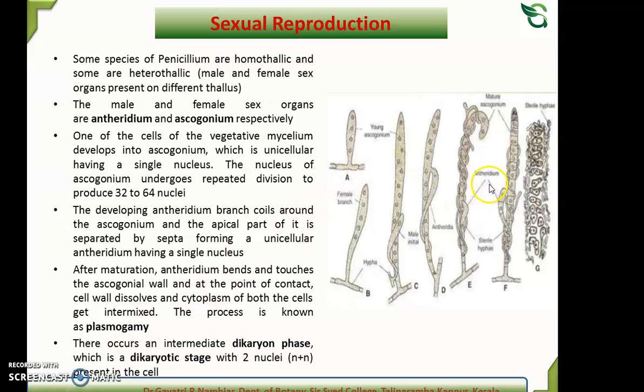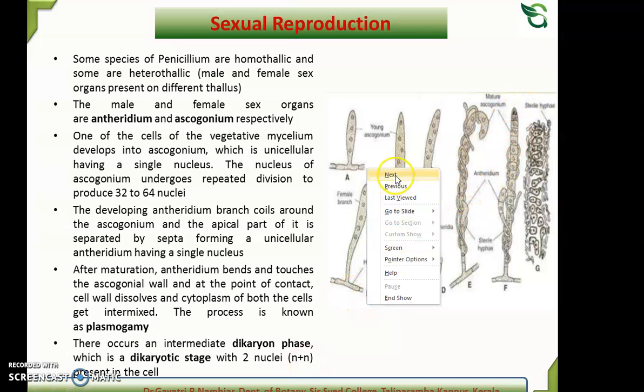Then after that, the antheridium nuclei and the ascogonium nuclei lie side by side. That is the N plus N condition, and this phase is known as the dikaryotic stage. So septa are formed, and within each cell there will be two nuclei. Both are haploid in nature, N plus N, one of the antheridium and the other of the ascogonium.